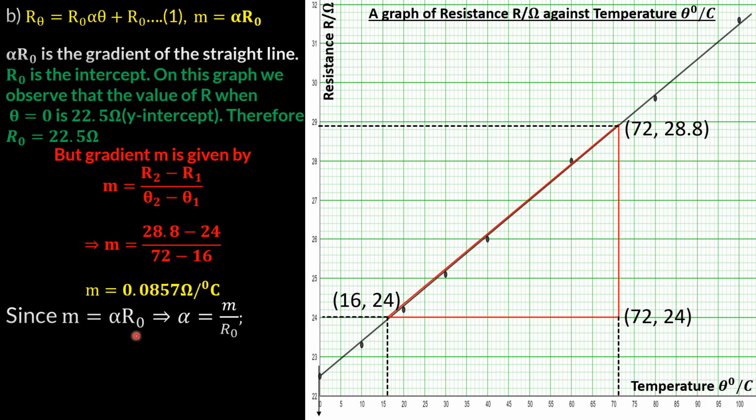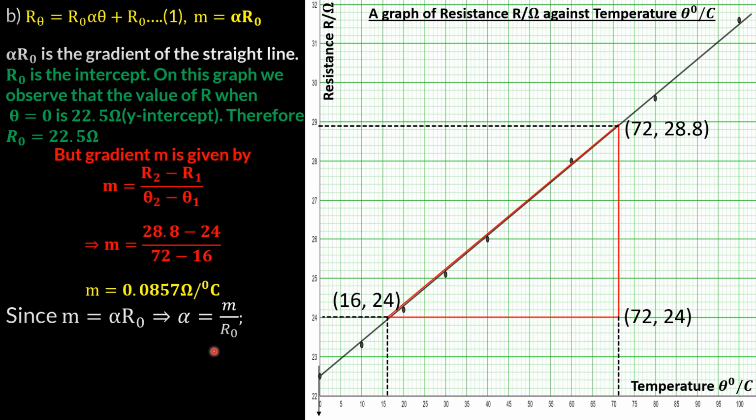Now, since the gradient is equal to alpha R0, then we can deduce the value of alpha by making alpha the subject here, that is alpha will be equal to the gradient divided by R0. But we know the value of R0 to be 22.5 ohms and the gradient is 0.0857. And we also notice that the unit of the gradient is the ohm per degree Celsius and the unit of R0 is the ohm.